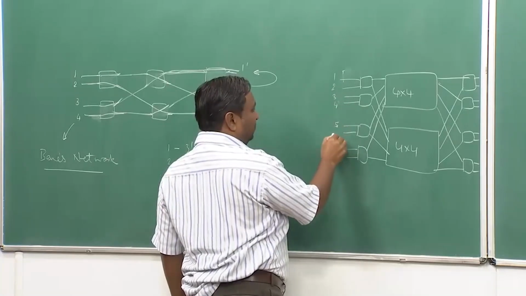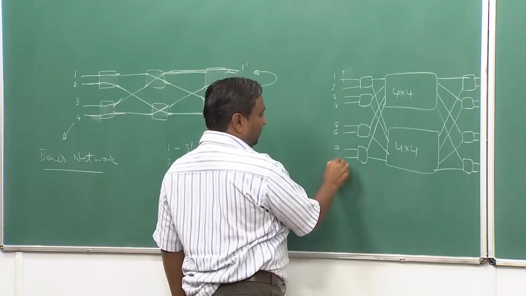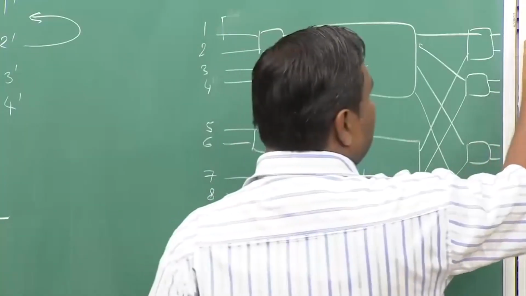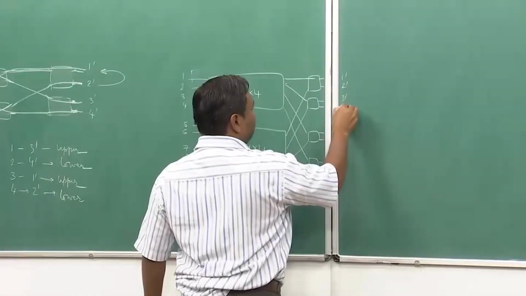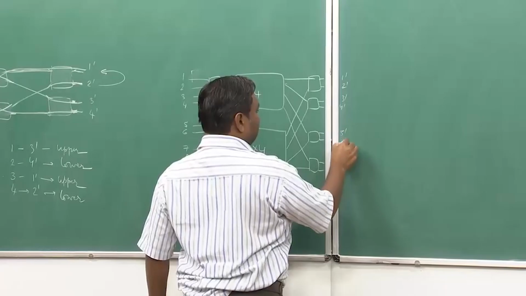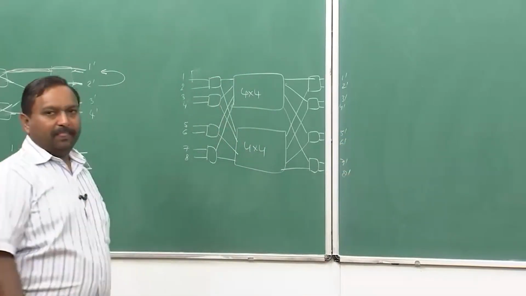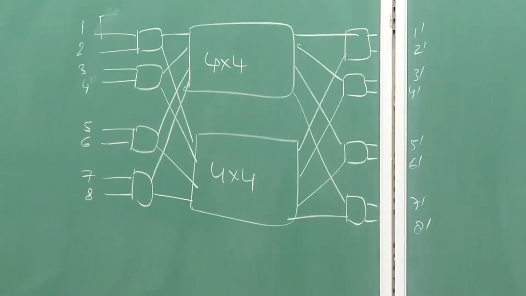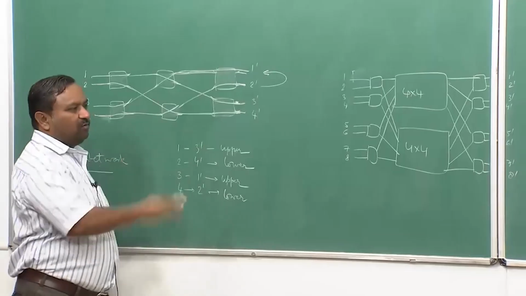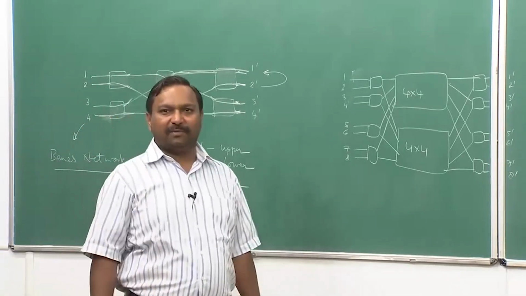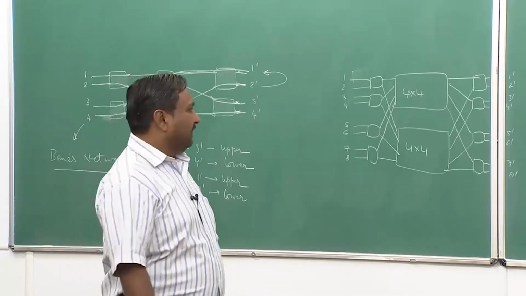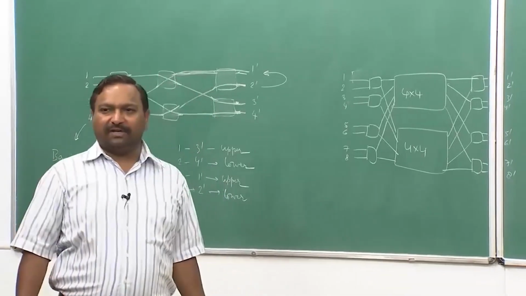Later on, when we do the Slepian-Duguid theorem, we will understand why this is working. So, we just have to bother about the looping. So long as we do the looping correctly, we will always be able to set up the path, and there will not be any blocking scenario.